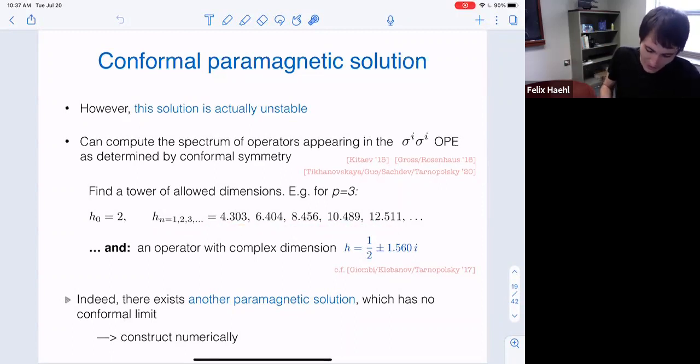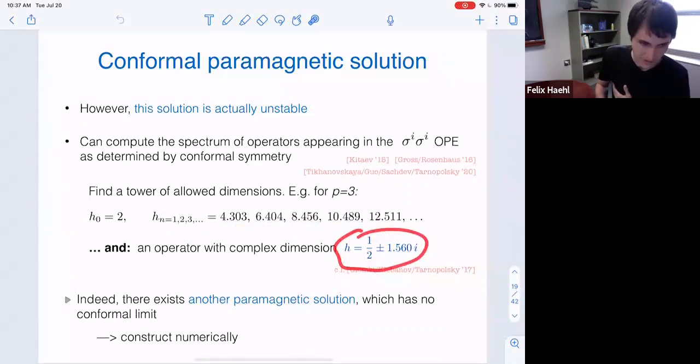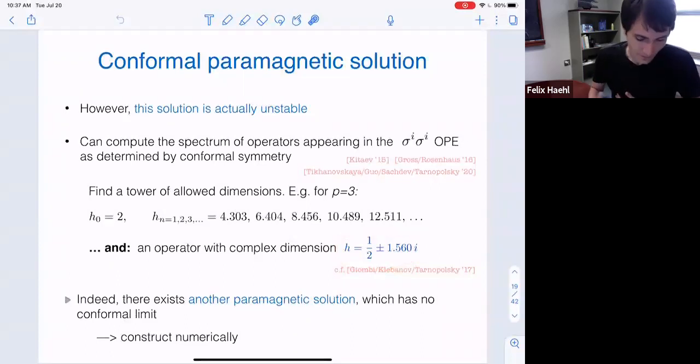But on top of all of that, you find one operator that has a complex dimension. And that's sort of the problem, that signals that this conformal field theory doesn't make sense, or that it's unstable because it has this complex dimension operator in it. Okay, so this conformal solution has this issue.